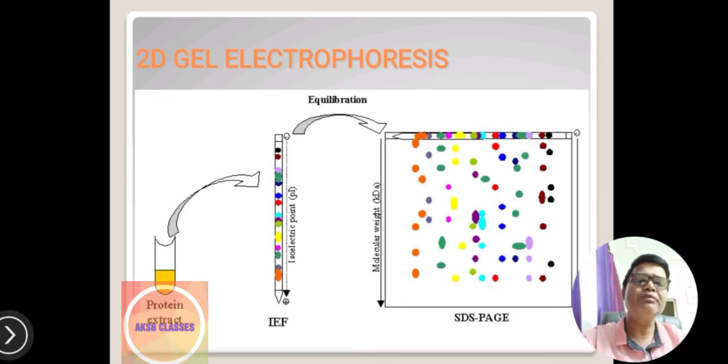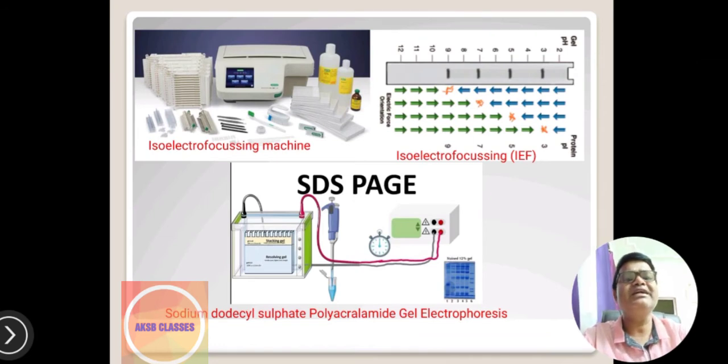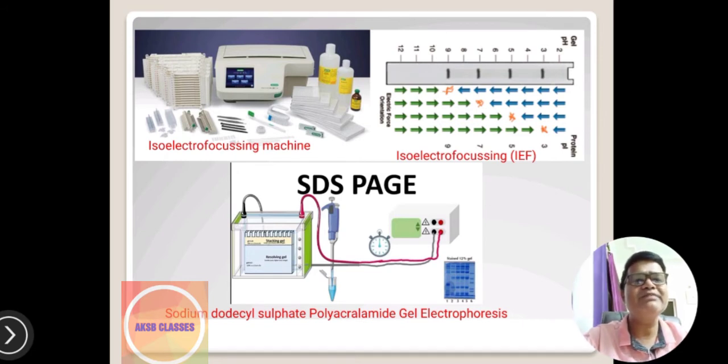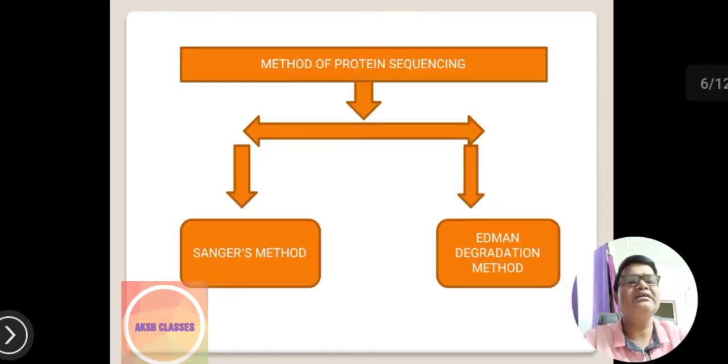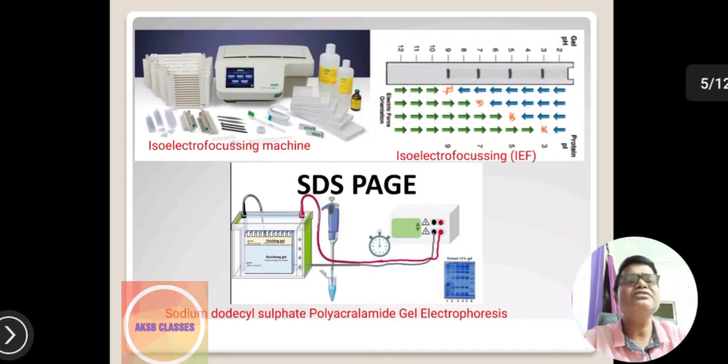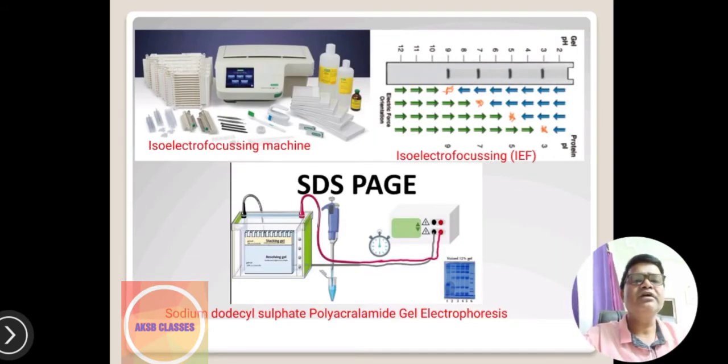So we put the pH strip, from 0 to 14, in the isoelectric focusing machine. You can see in the diagram on the given slide, this is the isoelectric focusing machine.